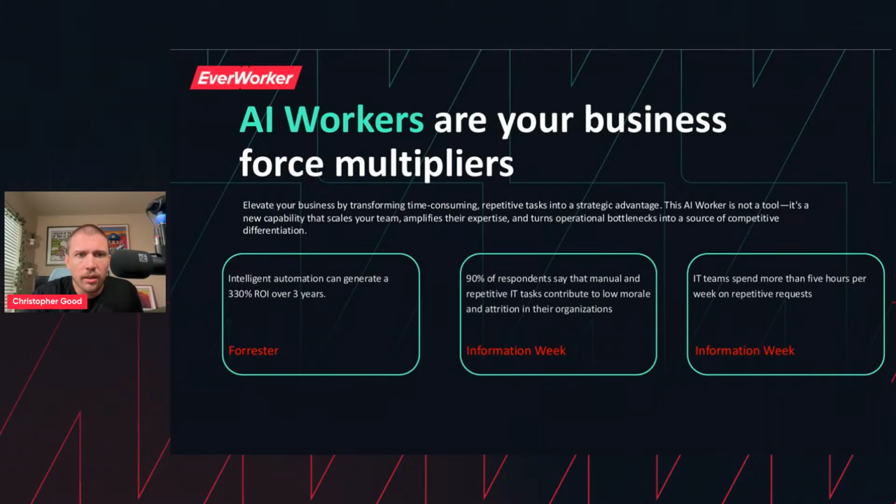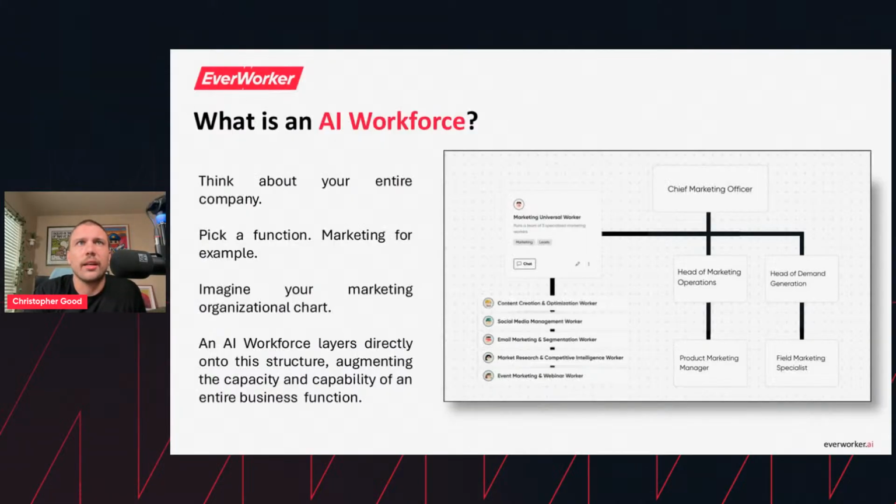Now, let's be very clear on what we mean by an AI workforce, right? Think about your entire company. Pick any function, marketing, for example. Imagine your marketing organizational chart with all its roles and responsibilities. An AI workforce layers directly onto this structure, augmenting the capacity and capability of an entire business function. So this isn't about replacing people.